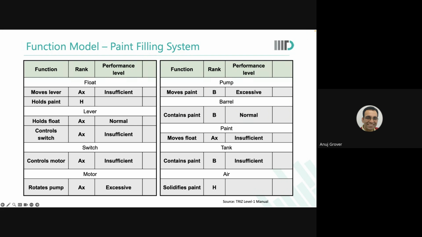So if the problem was, rather than the float holding so much paint, that there is a disruption in the motor and it excessively pumps the paint, then it can be categorized as a harmful function. Even if this function is useful for the system, you have to pump the paint. Harmful means I wanted to pump the paint, but I got the opposite result.